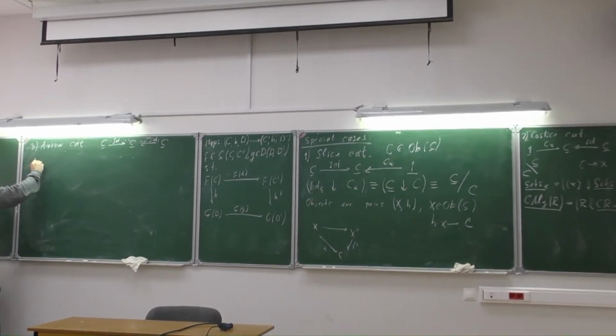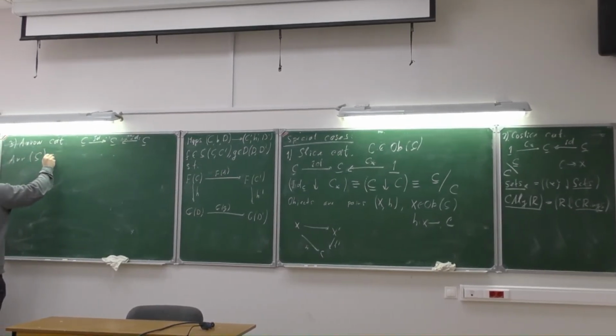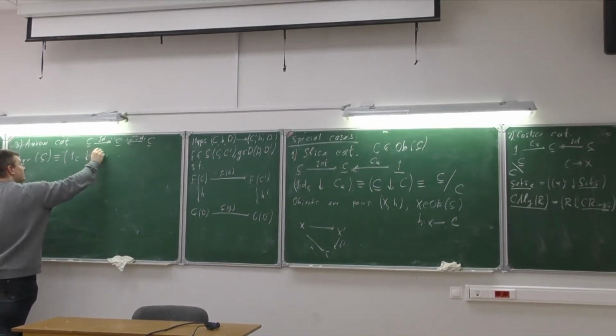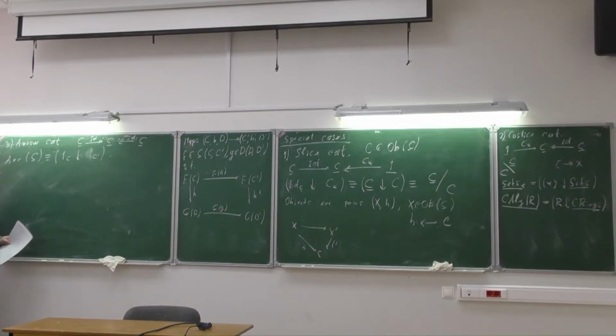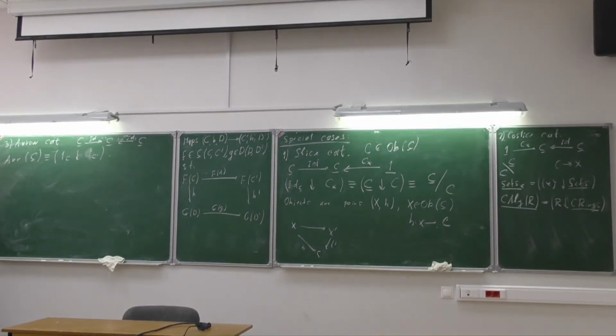So you'll get the category of arrows of the category C, which is by definition the following comma category. Clearly in this case the objects are just arrows, meaning that you have something like x, f, y, and the map between 2 arrows is just the following commutative diagram.